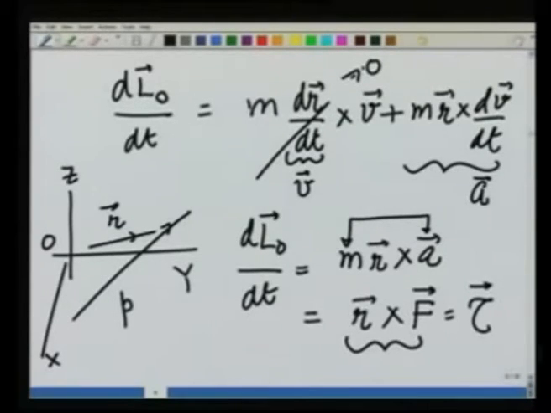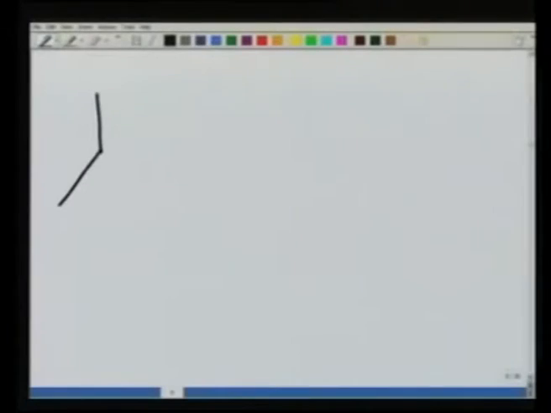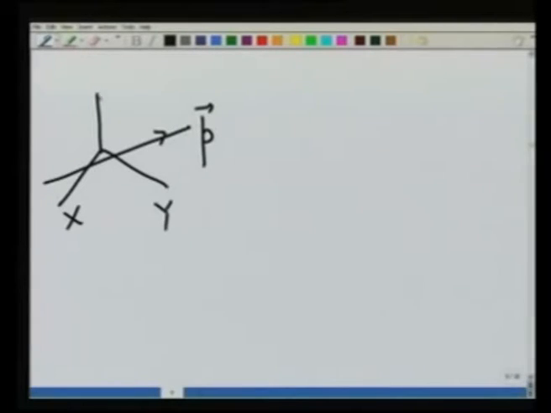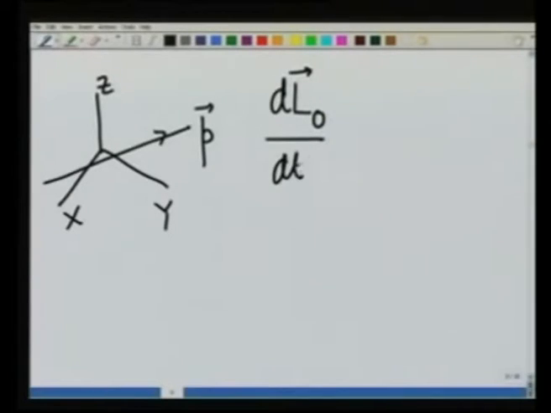So, what we learn, and I have derived for you, is that given a particle moving, the change in its angular momentum, and I always denote with this O, emphasizing the fact that angular momentum is a quantity that depends on the origin, is equal to r cross F, or the torque about O.